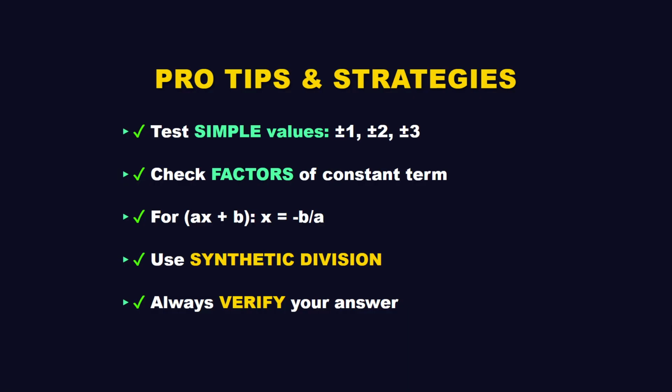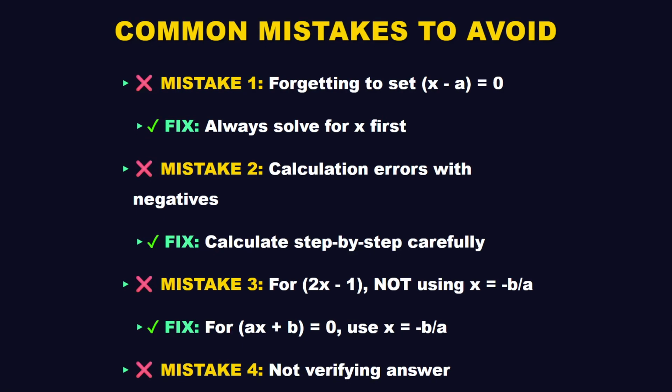For ax plus b, you can directly take x as minus b by a. How do you get this? By equating them to 0. Then to completely factorize, we can use synthetic division and you can verify your answer. Once you find the factor, use synthetic division to find the remaining factors.